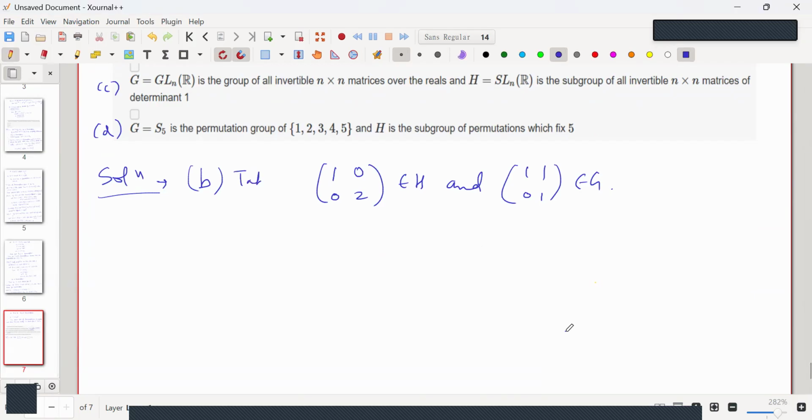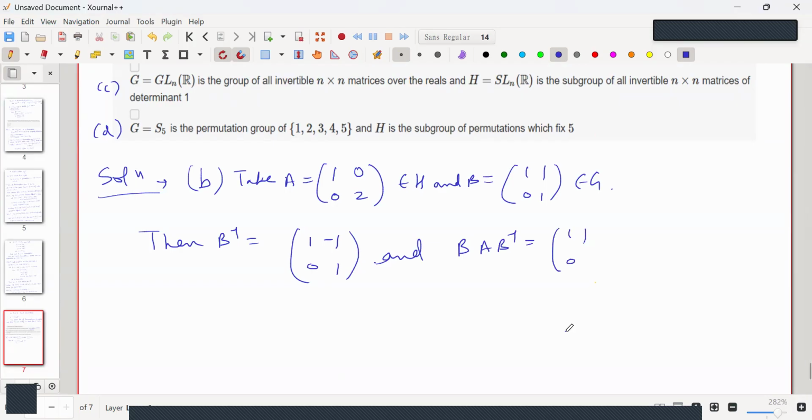Just write A to be this and B to be this, so that we need not write the matrices again and again. Then B inverse is [[1,-1],[0,1]], right? Yes, sir. And what is B A B inverse?